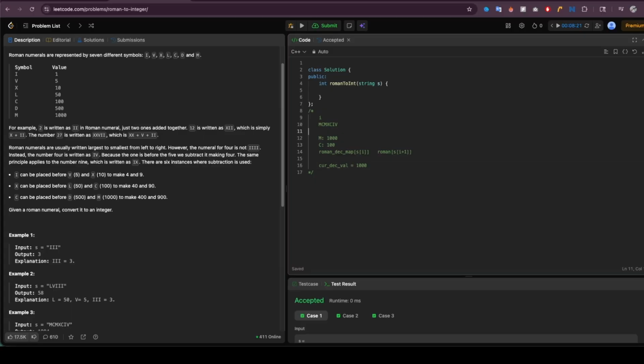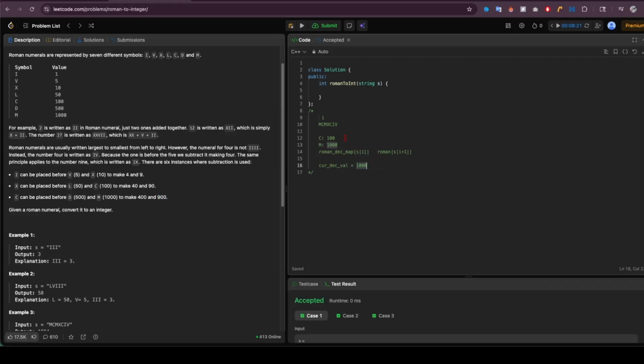Let's continue with the second case. We have C as the current number and M as the following number. Look at the principle: if C is sitting in front of M, we calculate 900 instead of 1100.